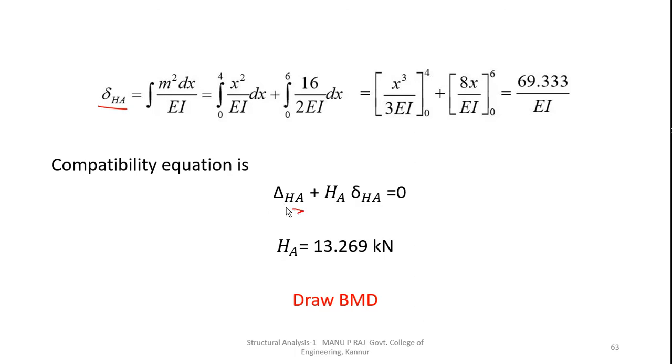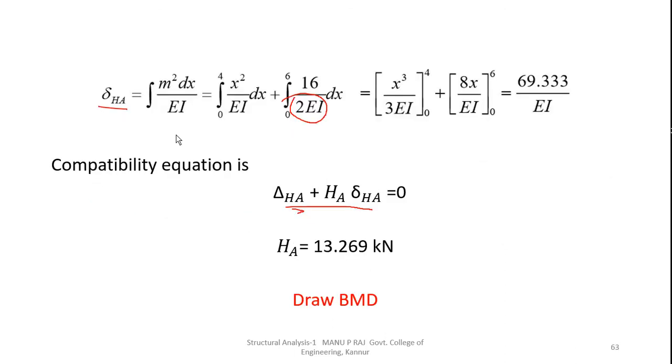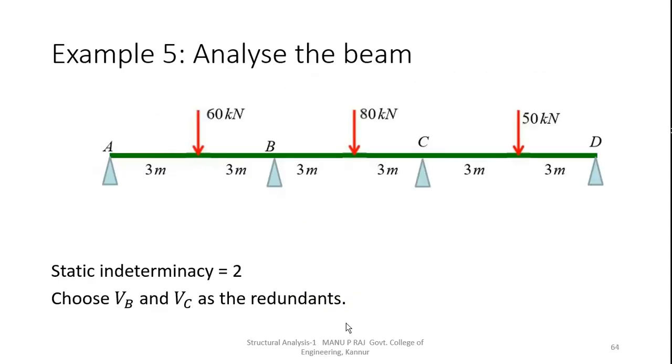Like in the previous problem, we can write the compatibility equation. Note that here we'll use 2EI because moment of inertia is 2I for DC. From the compatibility equation, we will get the value of HA. Now we can find out the other reactions from the equilibrium equations and draw the BMD.